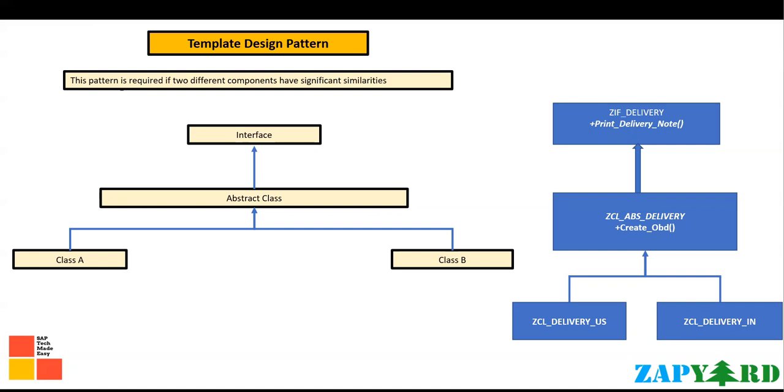And if you want to make something common, uniform throughout your application, which can be used by anyone, then generally we can start with the interface, then we can have the abstract class, and then the concrete class inheriting from the abstract class. So this is the template design pattern we have seen.